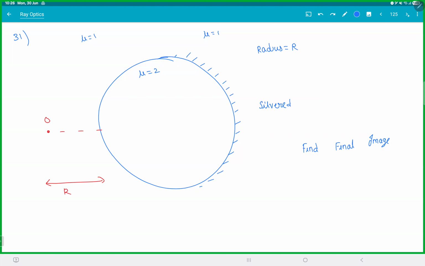Think. No, that's not the answer. After that, won't there be refraction?